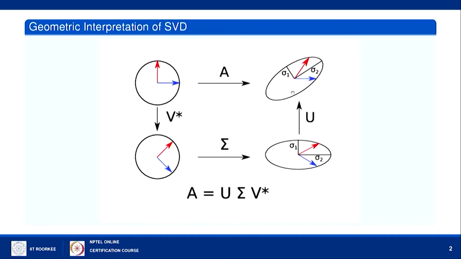This is the geometrical interpretation of singular value decomposition: two rotations and one scaling. It is a sequence of transformations, first rotation, then scaling and then rotation.